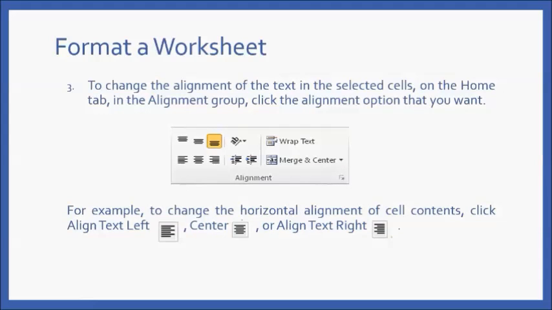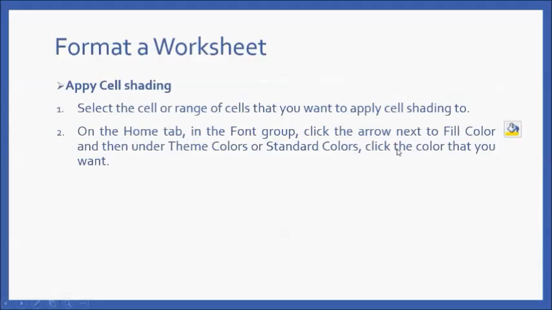So we can change our alignment by clicking the horizontal alignment of cell contents. You can also click Align Text Left for the left alignment, Center for the center alignment, or Align Text Right for the right alignment of the text.